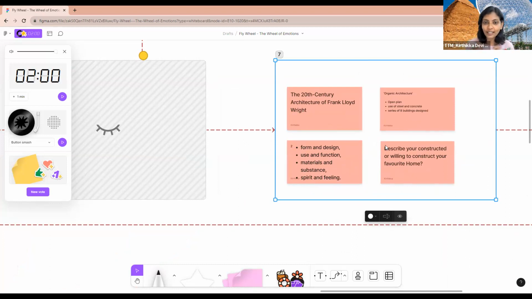The slot says a quick history of 20th century architecture, who is also termed as the father of architecture. He's Frank Lloyd Wright, an American architect who dedicated his life to designing in the organic architecture style.